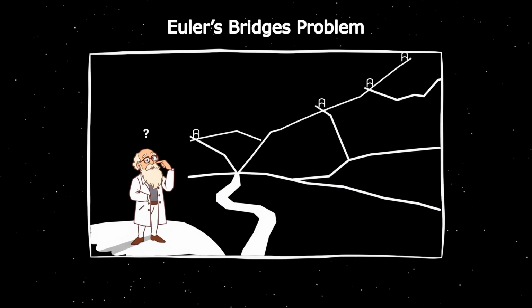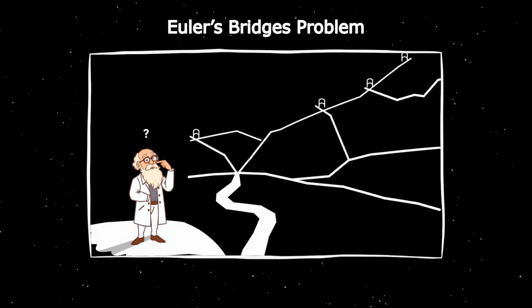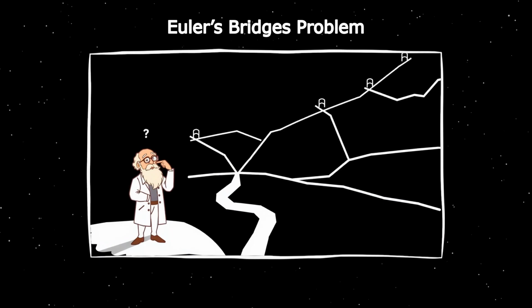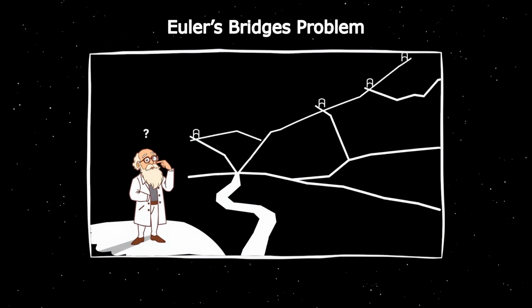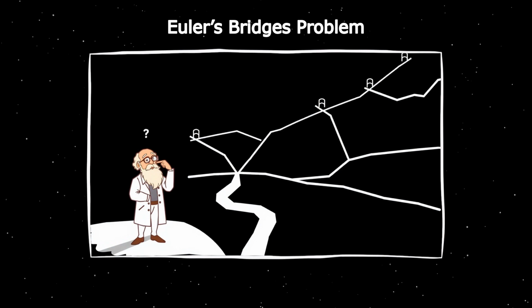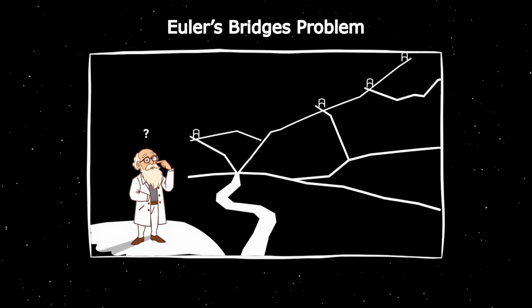To understand whether such a path across the bridges existed, Euler established specific criteria based on the connectivity of these nodes. He theorized that if a person could traverse every edge without retracing their steps, the pivotal factor would be the degree of each vertex.